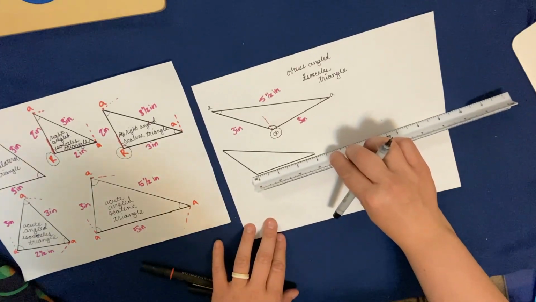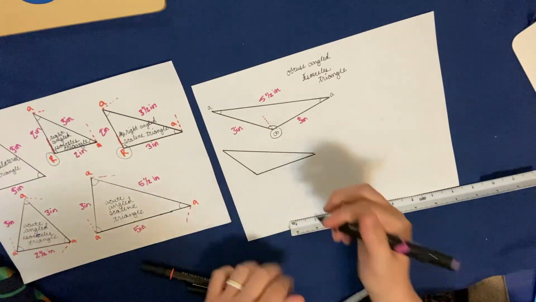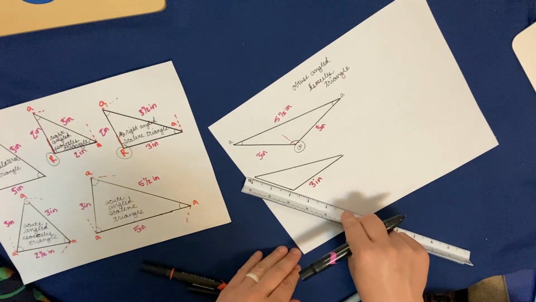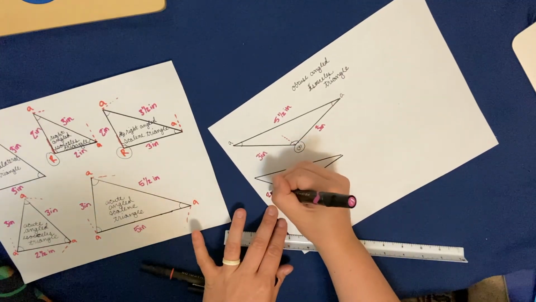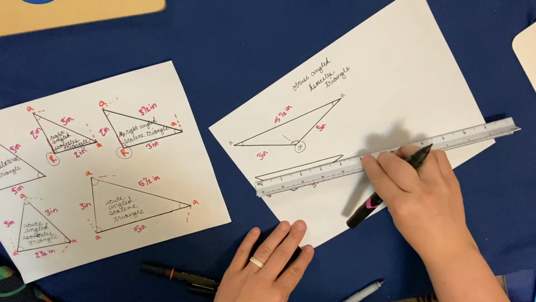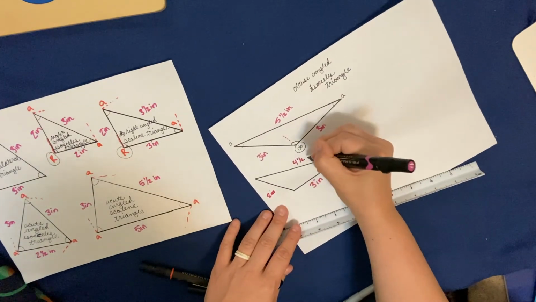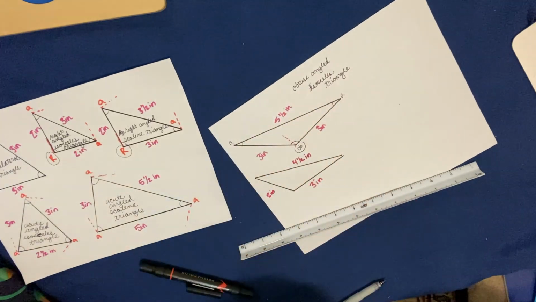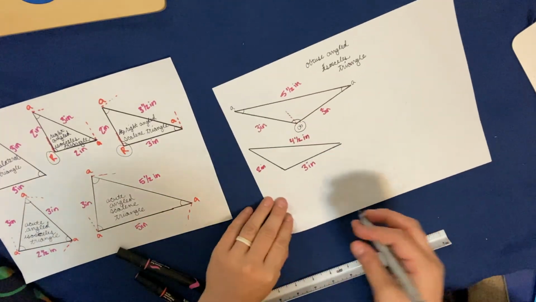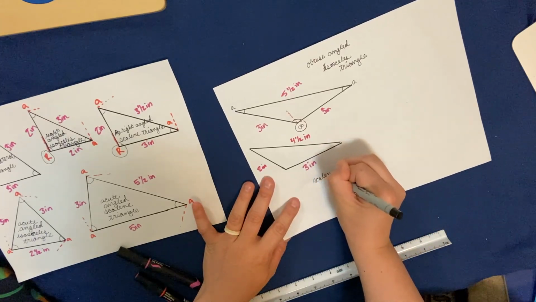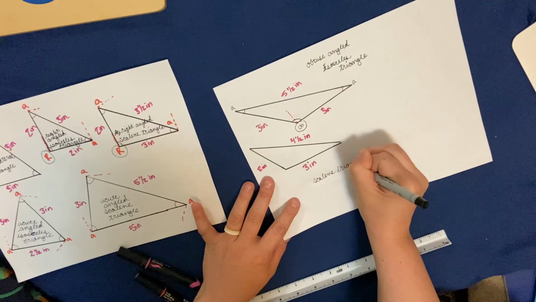Okay? What do you think this one's going to do? 3. Oh, 2. 4.5. So we see that this triangle has all 3 sides different. And we know that that's called a scalene triangle.